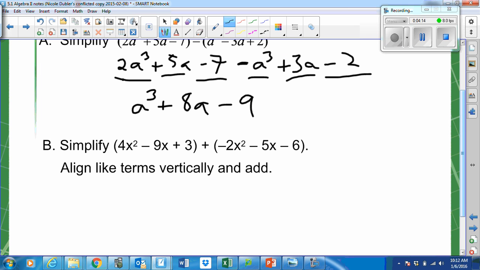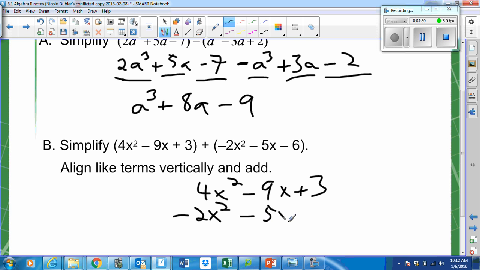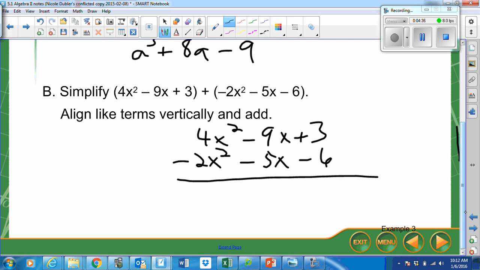Okay, simplify this and align terms vertically and then add. That's another way that you can do this. You have 4x squared minus 9x plus 3, and we're adding to that negative 2x squared minus 5x minus 6. And so you combine these. You have 4x squared plus negative 2x squared, which gives us 2x squared.